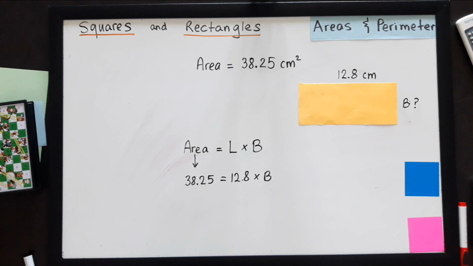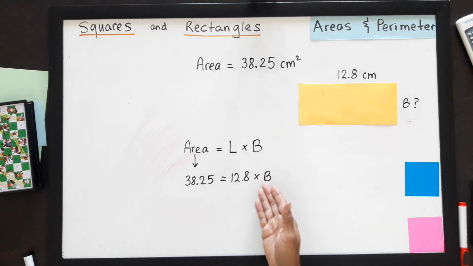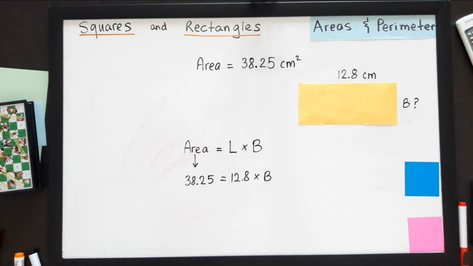I'm sure you're already thinking, but that's going to be pretty difficult because these are not easy numbers to deal with. There are very few people who can figure out mentally what number, when you multiply by 12.8, will give you this number. So this is where your algebra saves you. Transposing will save you here.